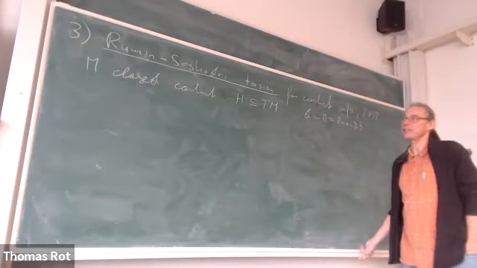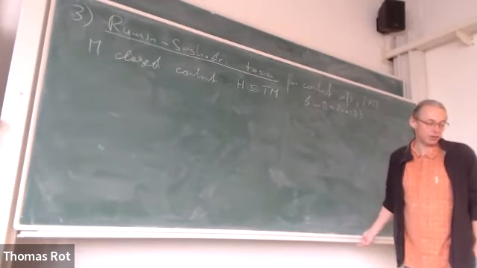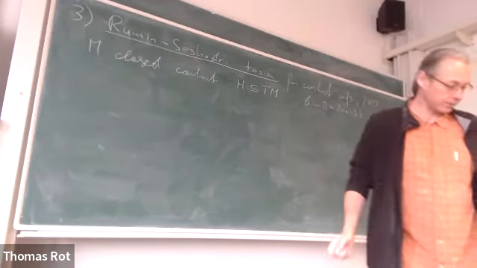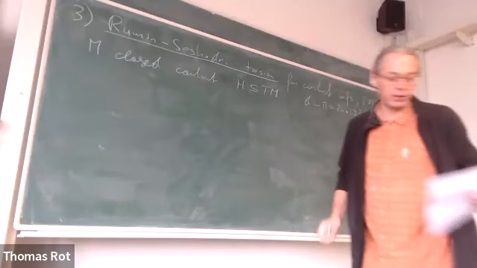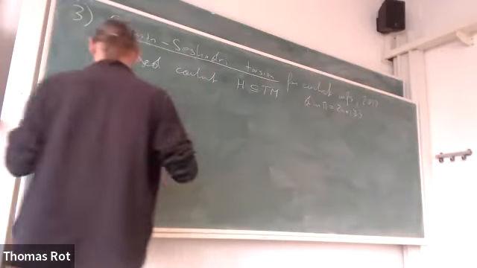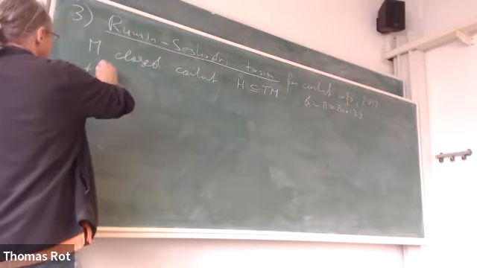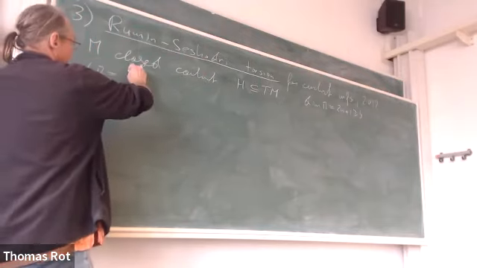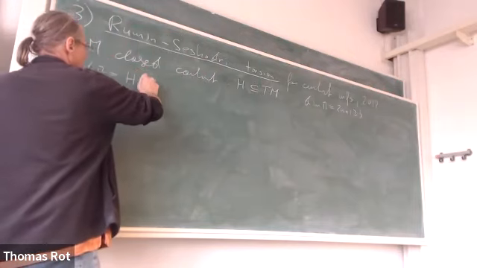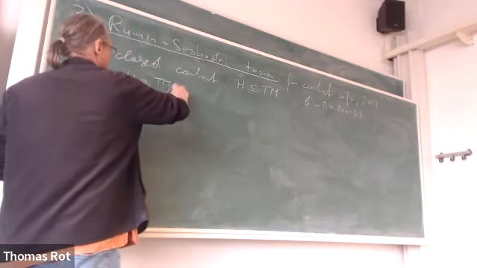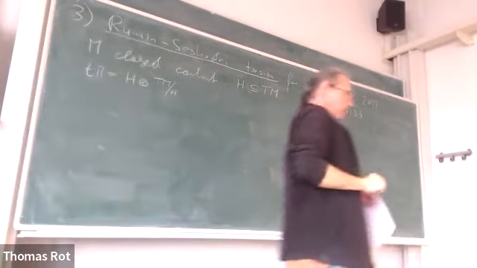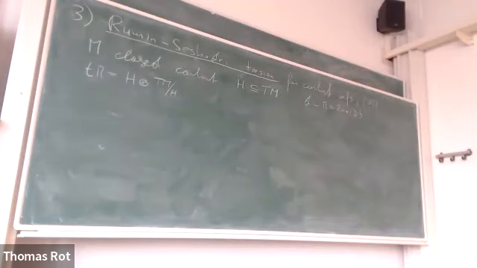I'm not going to give you the definition of the Rumin complex, but I'm going to put formulas down in a minute. I just want to tell you qualitatively what it is. When you have a contact manifold, you can look at the contact plane bundle plus the quotient. This is what is called the associated graded bundle associated to the contact manifold.